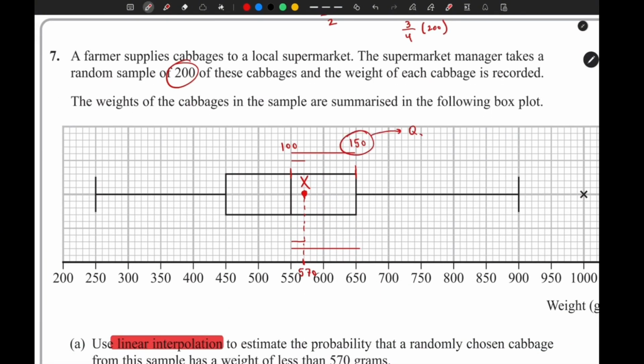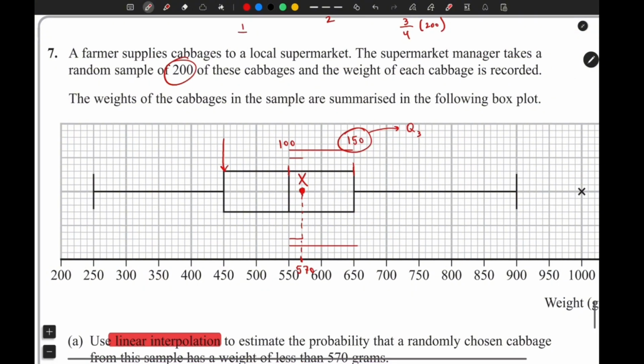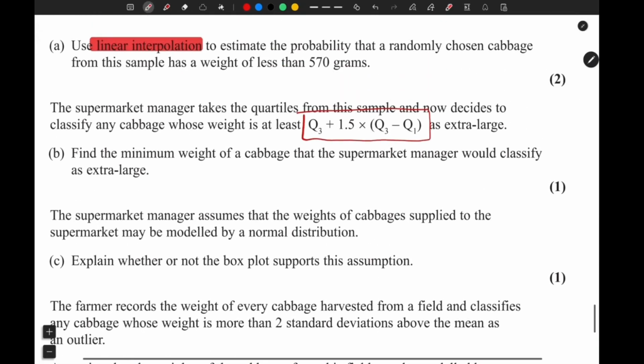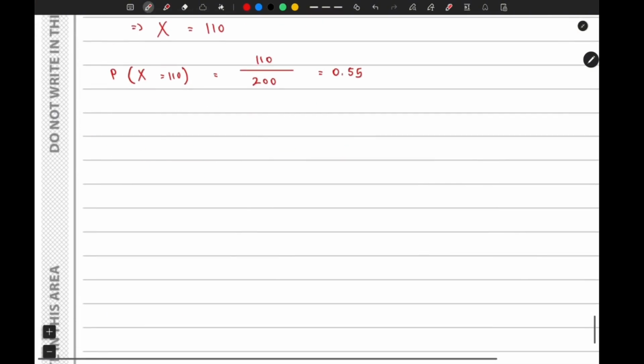Let's find the value of Q1, which is the lower quartile, this part. Q1 is 1 over 4 times 200, so this is 50.